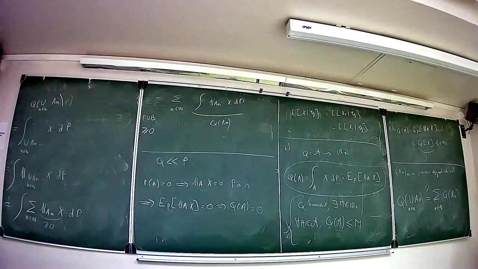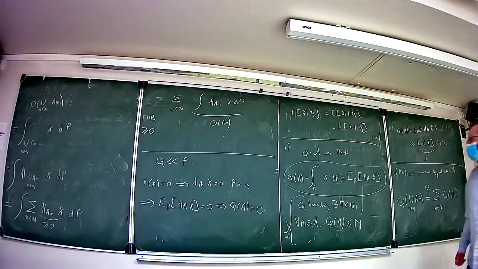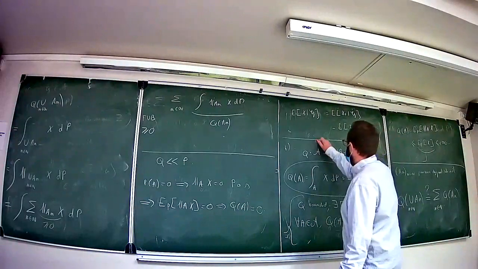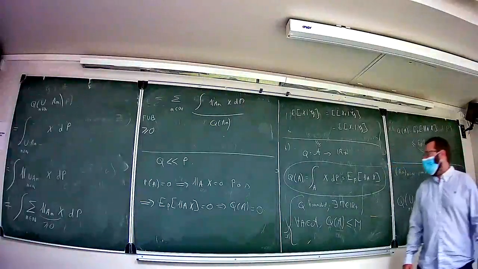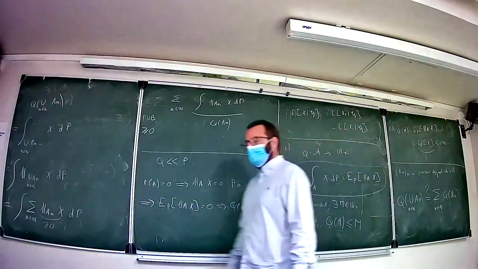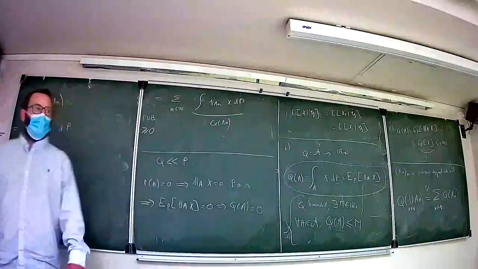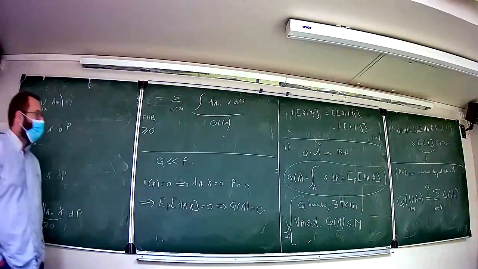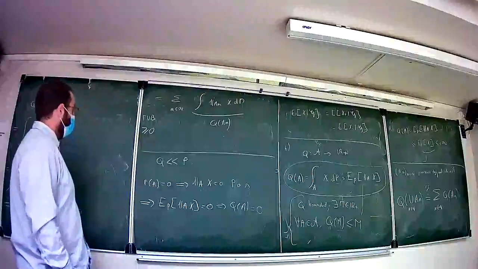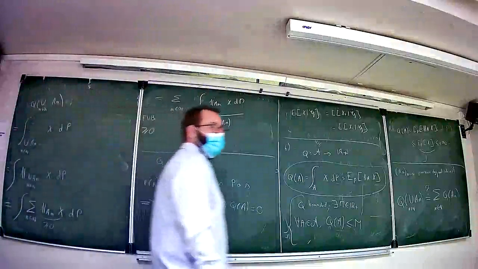The statement tells you that we have exactly the same if I restrict Q to calligraphic J instead of A. That is, if I put J instead of A here. You have all the proof on the board.